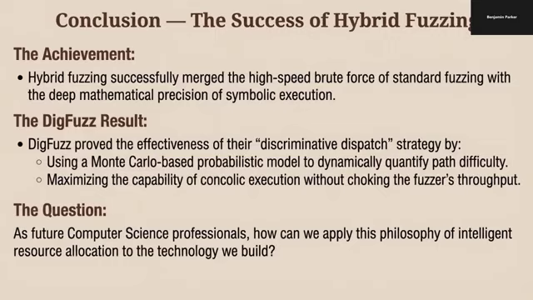The real catalyst for success was DigFuzz's discriminative dispatch strategy. By utilizing a Monte Carlo probabilistic model, they figured out how to mathematically quantify path difficulty using the data the fuzzer was already collecting. They solved the ultimate engineering bottleneck, maximizing the power of concurrent execution without sacrificing the throughput of the fuzzer.